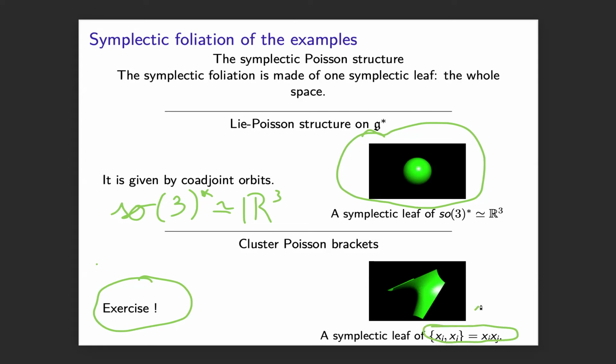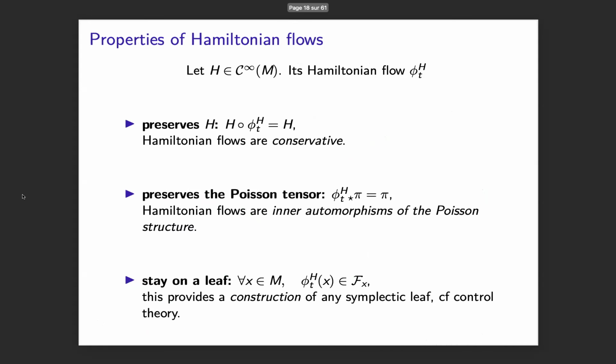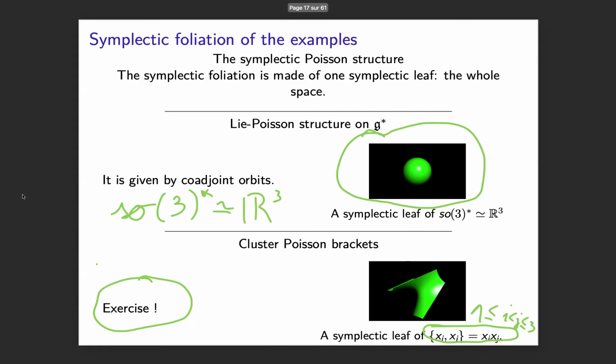This is for i smaller than j, smaller or equal to 3. So in general, let me emphasize that the symplectic foliation of a Poisson manifold might be complicated.